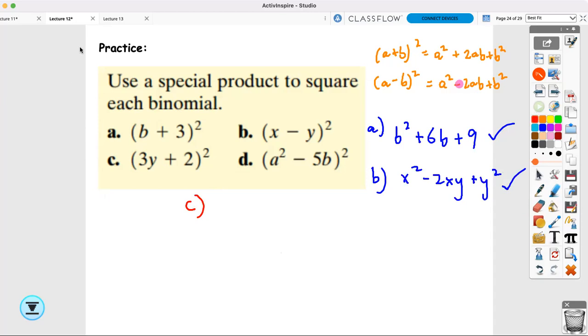C is 3y plus 2 squared. We have 9y squared plus 12y plus 4.